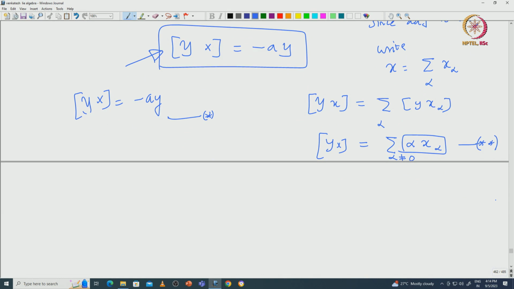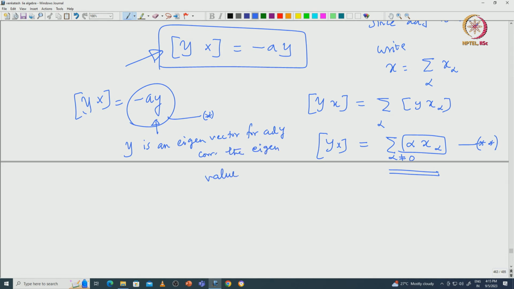Because [y, x] is given to be the summation of multiples of x_alpha, where these x_alpha are eigenvectors for non-zero eigenvalues. But in the first equation, [y, x] is given to be -a y, where this y is clearly an eigenvector corresponding to the eigenvalue 0 for the operator ad y.